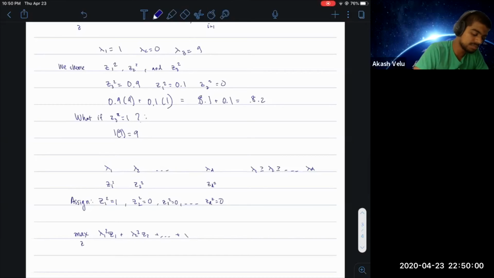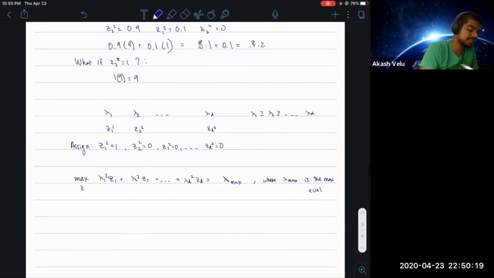And through this previous analysis, we've just shown that this is equal to lambda max, where lambda max is the max eigenvalue. Remember that this quantity right here is the same as what we were trying to optimize in the beginning.